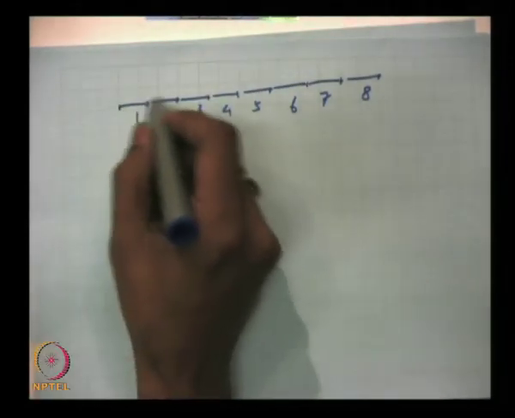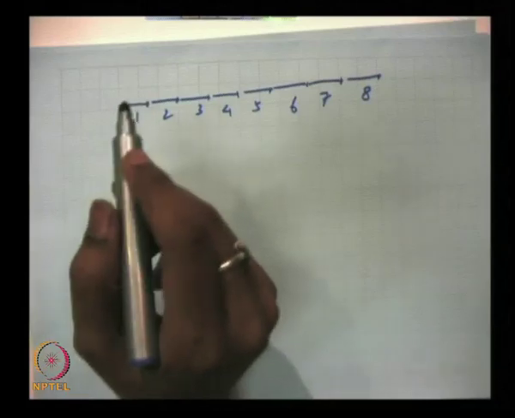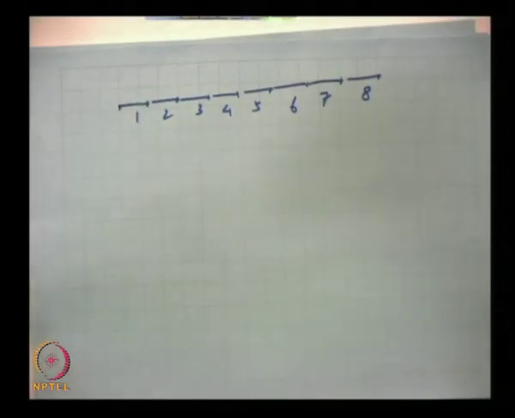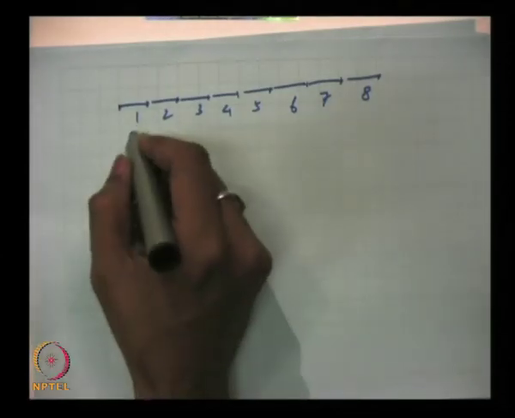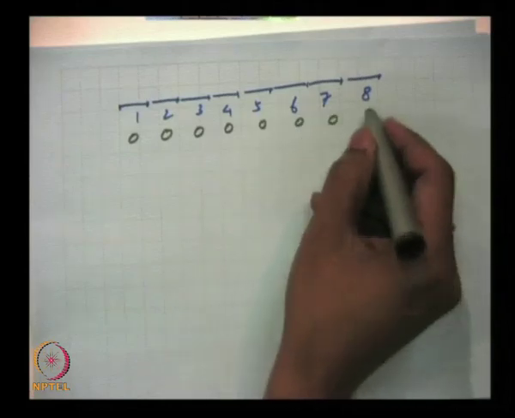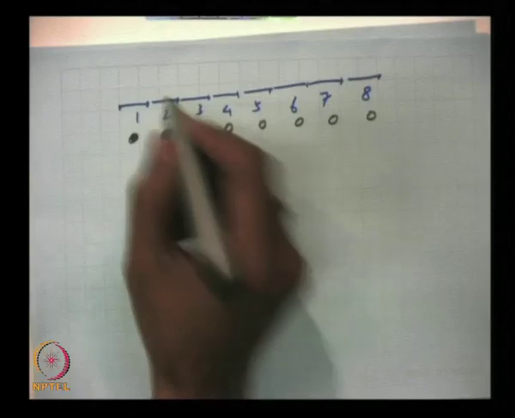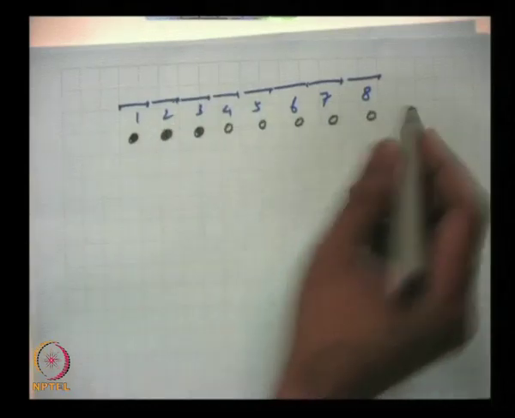I will treat these 8 intervals as leaves of the tree, let us say. This leaf represents this interval, this leaf represents this interval, and so on and so forth.